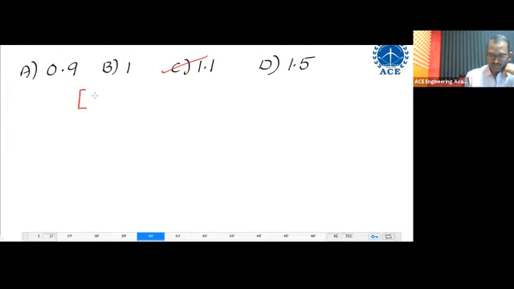This problem was given in the GATE Instrumentation Engineering 2005. Sorry, the answer is option B, not option C.